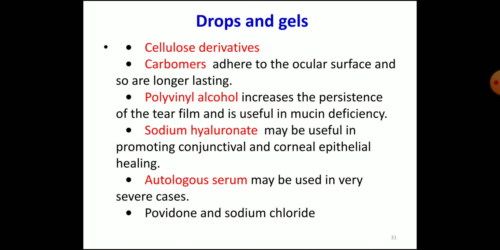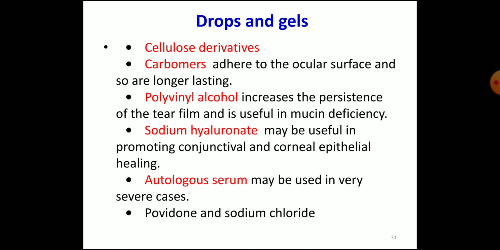There are various types of tear substitutes, drops and gels. Cellulose derivatives are there. Then carbomers are there, adherent to the ocular surface, and so are longer lasting. So carbomers adhere to the ocular surface, and if you are applying, it will remain there.